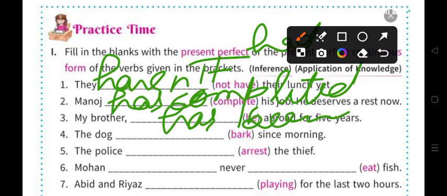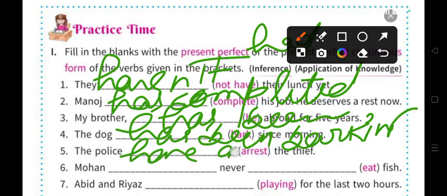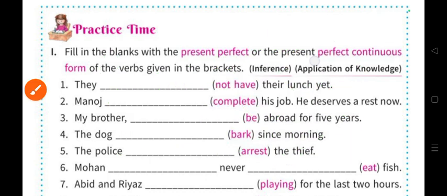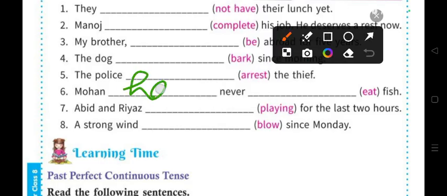The dog has been barking since morning. Next, the police have arrested the thief. Okay. Next one, Mohan has never eaten fish. Okay.